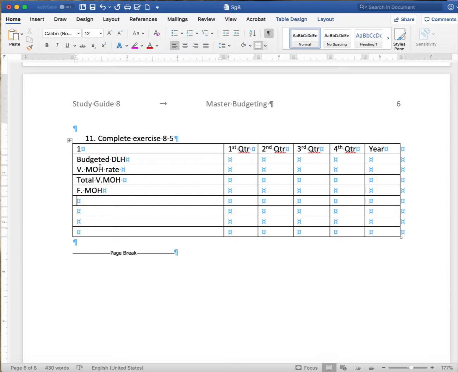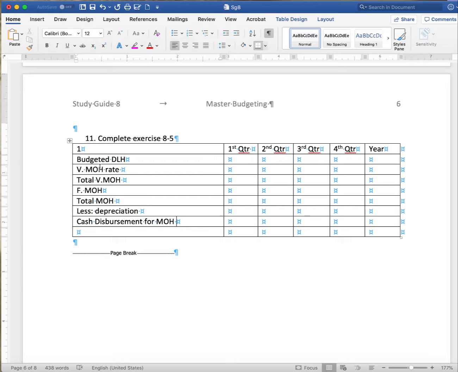Then we add variable to the fixed and we get our total manufacturing overhead. Then we always have to subtract out, less depreciation, because depreciation is a non-cash expense. We then end up with our cash disbursement for MOH.